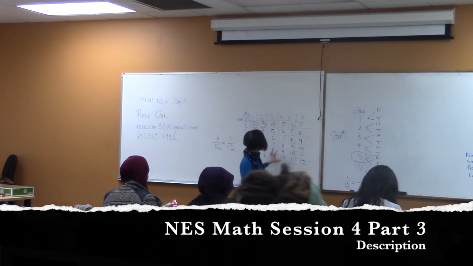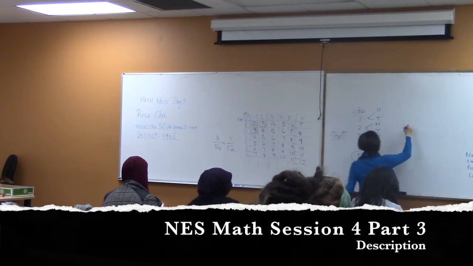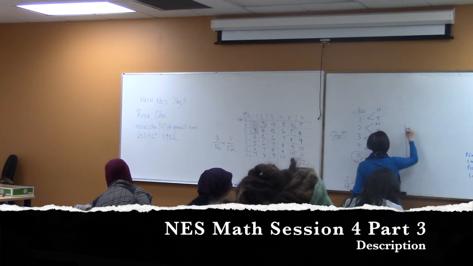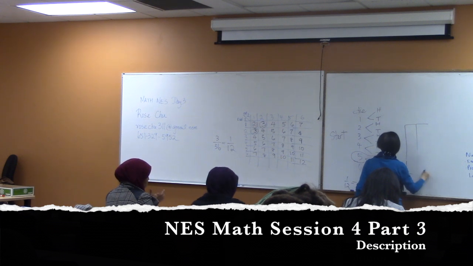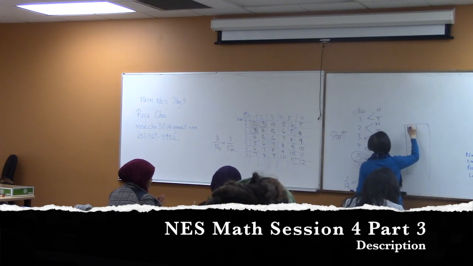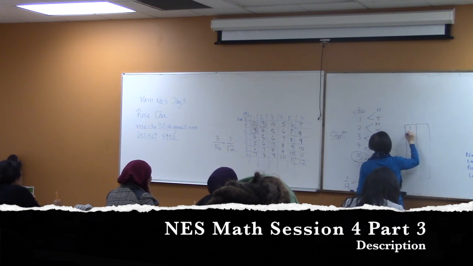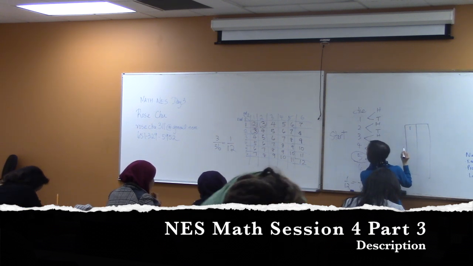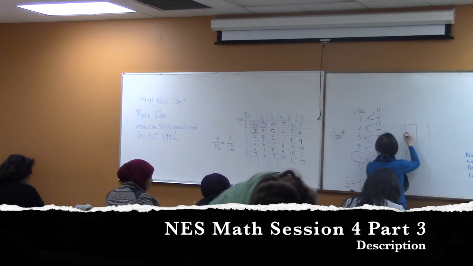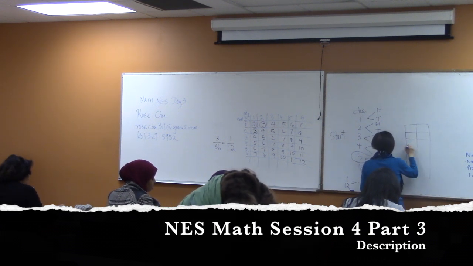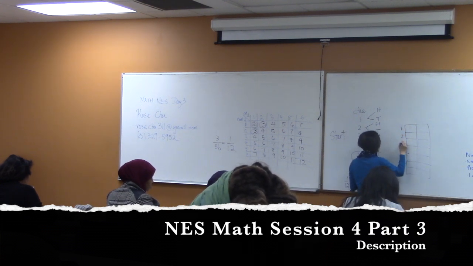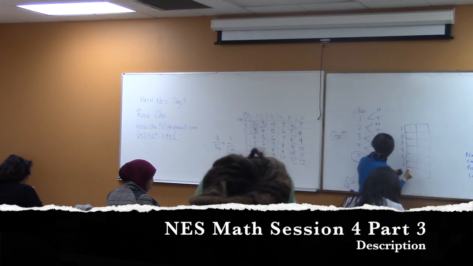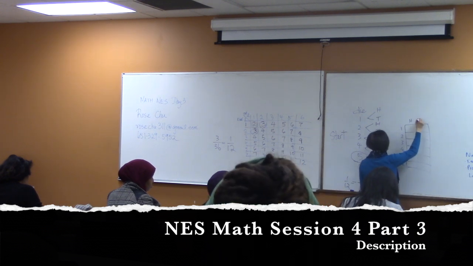Now, you could do this with a table too. Every table, for this one, is actually very easy. So 1, 2, 3, 4, 5, 6, and then this is head and tail.